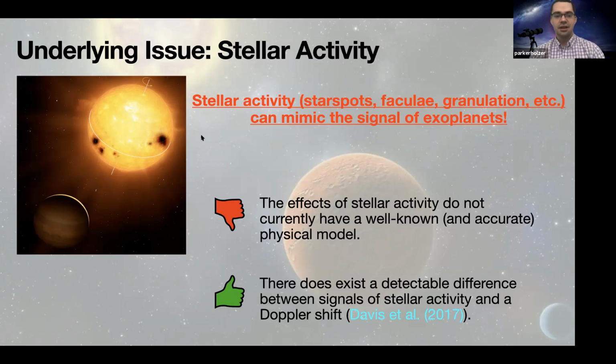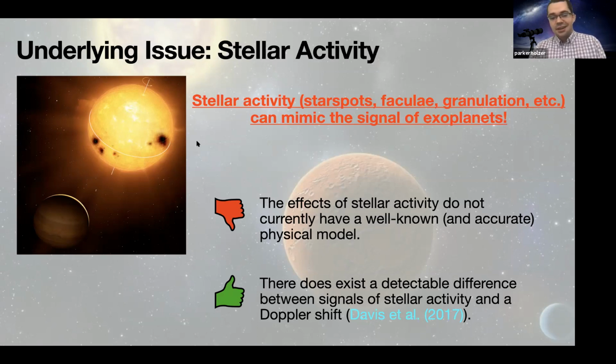There's stuff going on in the atmosphere of the star and around the star in the form of star spots or facula or granulation, or there are probably a number of other forms of stellar activity that you can think of. And this comes back to bite us because these can actually mimic the signal of exoplanets. And at least they can cause more noise to be in the signal.